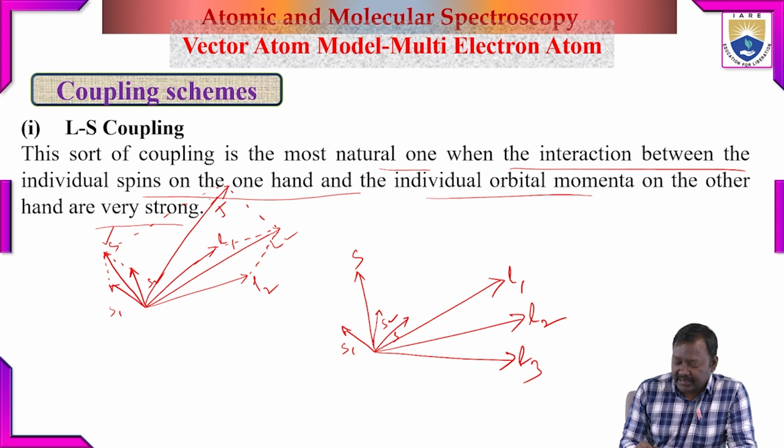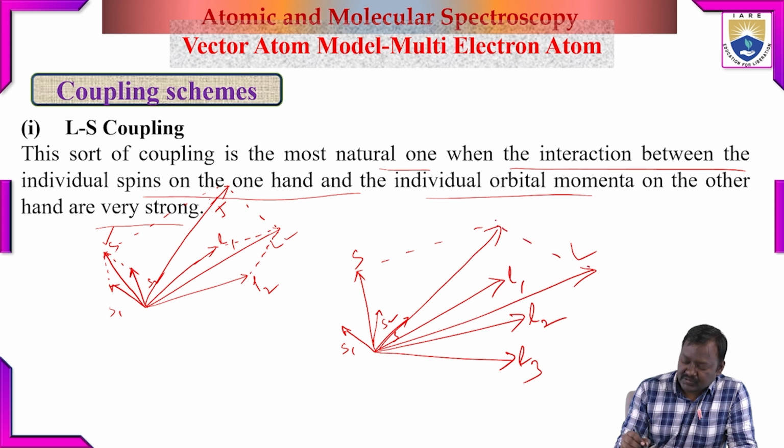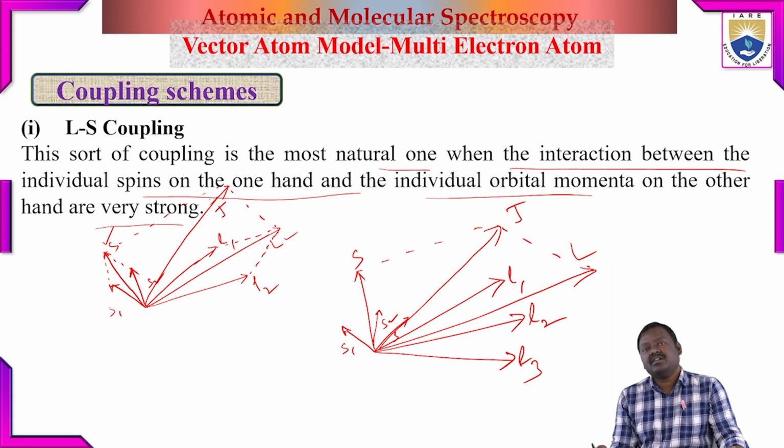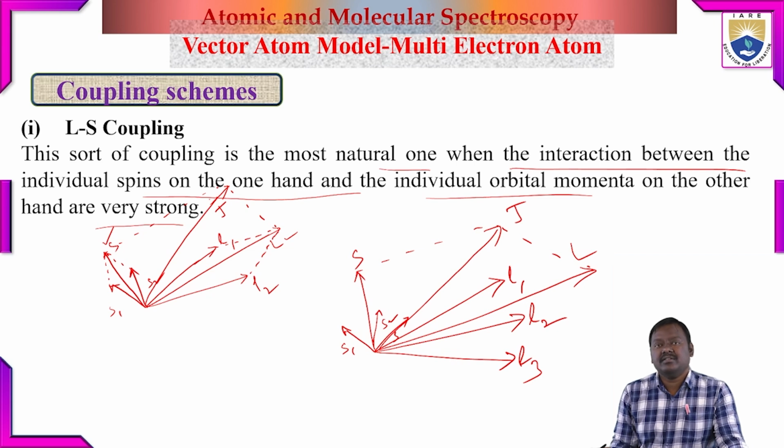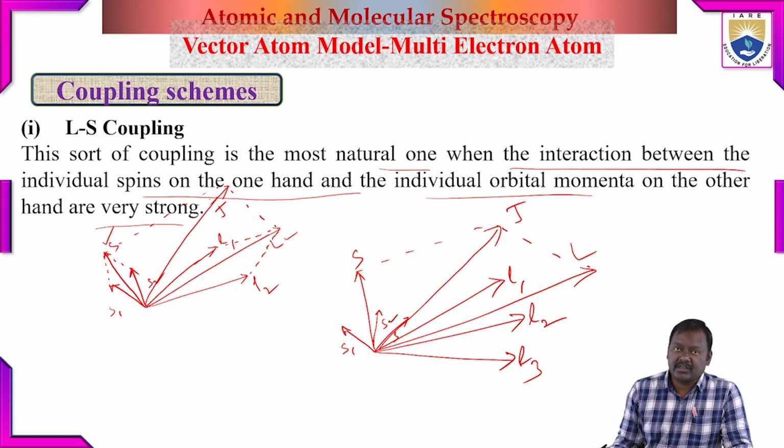After adding all these, we may get the resultant L. Then the addition of total spin quantum number and orbital angular momentum can give the total angular momentum quantum number J. So this is the vector notation of addition of the spin quantum number and orbital angular momentum quantum number in LS coupling.